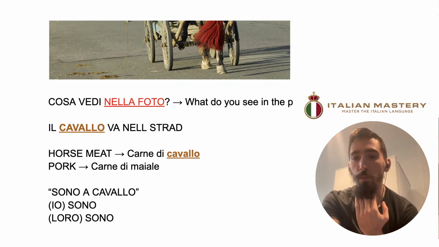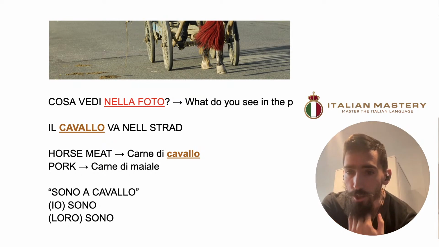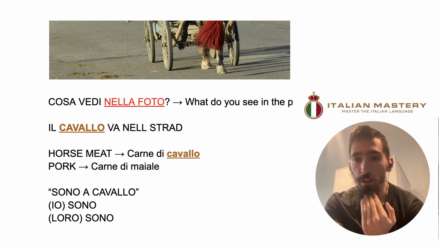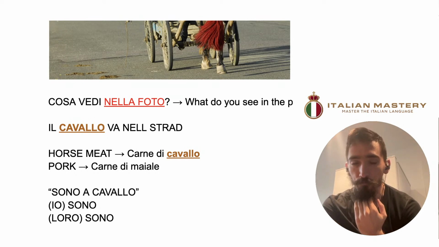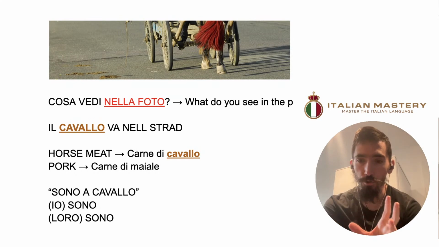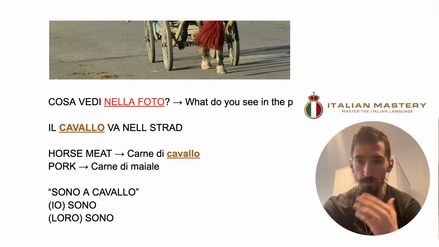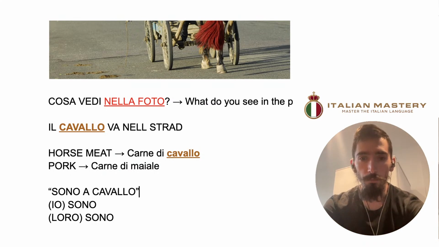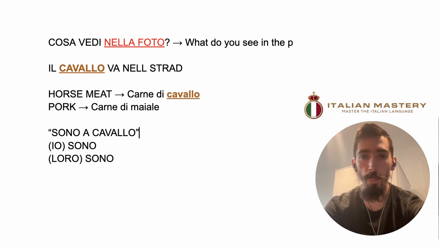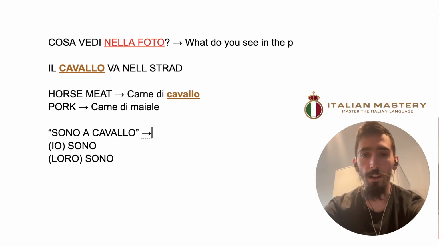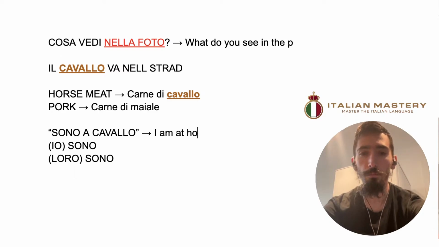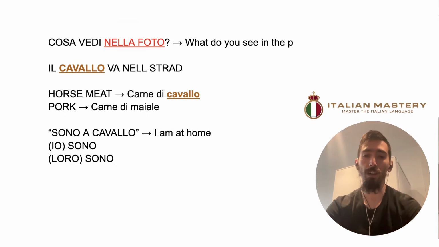But in response to my question, Venkatesh says, "Come sono a casa." I'm not sure if this is a response to my question or not, but I interpret it as such. So Venkatesh says "Sono a cavallo" means something like I am at home, or something like that. Sono a casa.